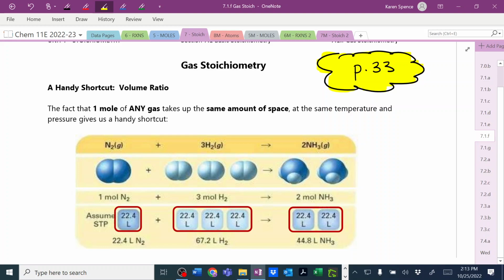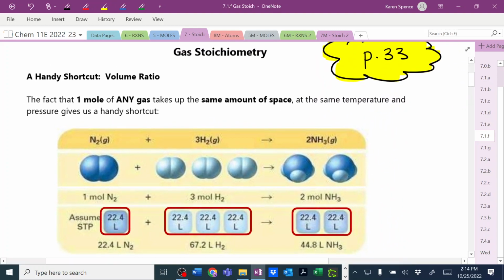Okay, page 33. Gas stoichiometry. So the only reason this really deserves its own little section is that, what do you remember about equal volumes of gases?